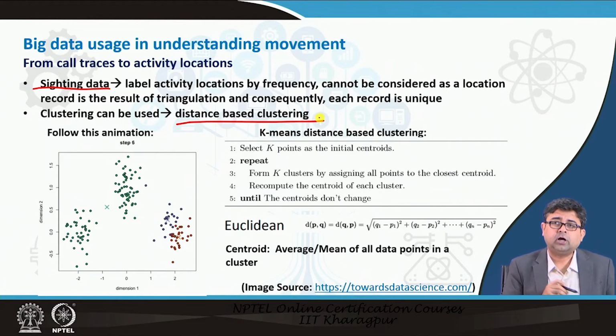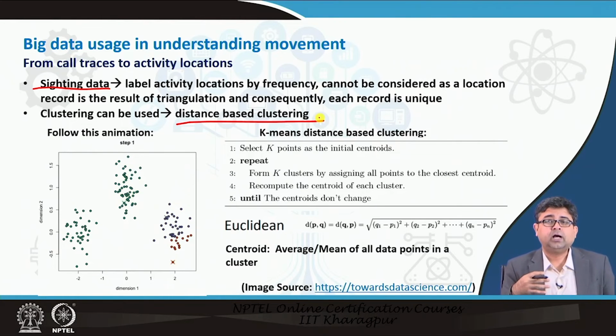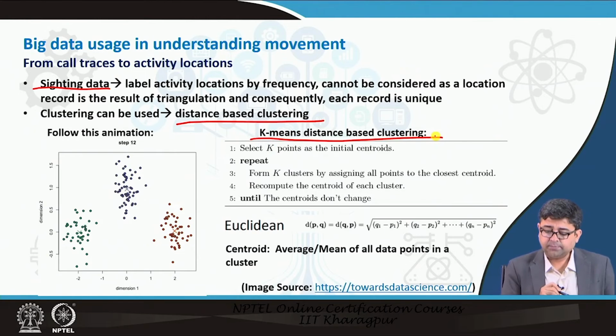If you have taken, or you are encouraged to take, more and more statistical classes, especially if you want to work in ITS, because this involves a lot of big data analytics, and statistics becomes more and more crucial in your ability to work with such large volumes of data. So, distance based clustering, one of the methods is k-means based clustering.